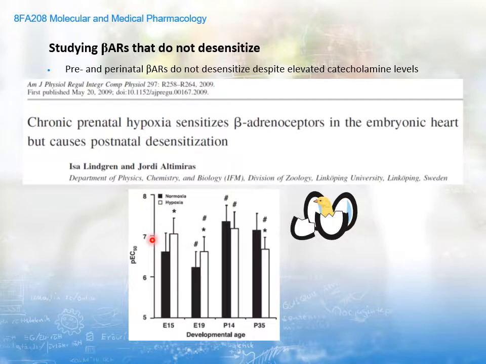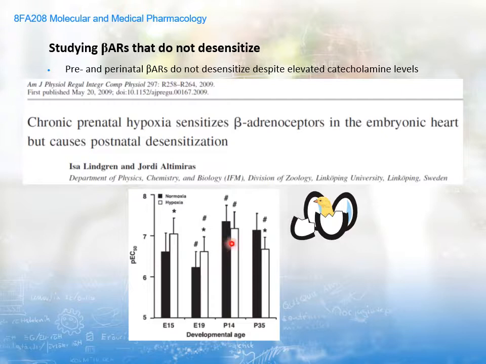Because the concentration of noradrenaline needed for a given response is less. This is -8, -7, -8 molar, so as you go higher, it's less concentration of noradrenaline. So in the embryonic heart, you need less noradrenaline to cause the same response.